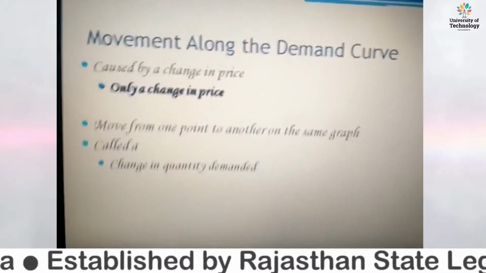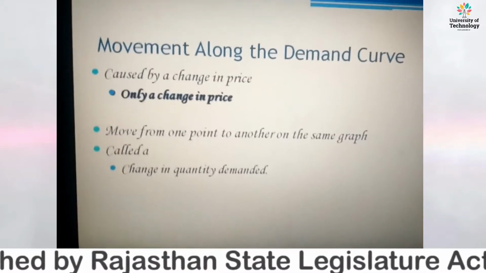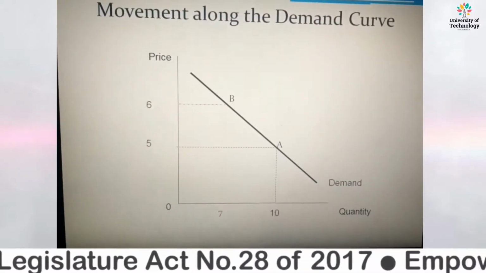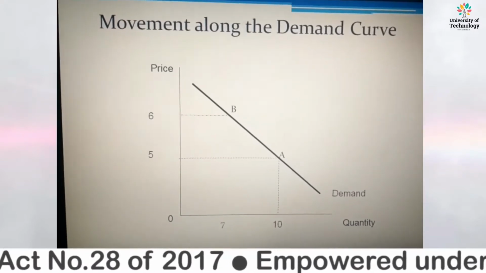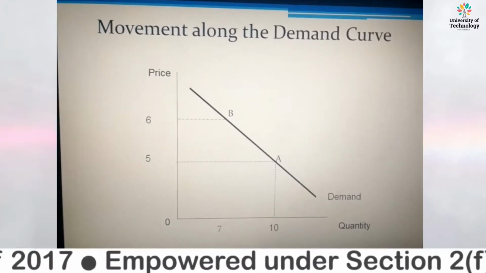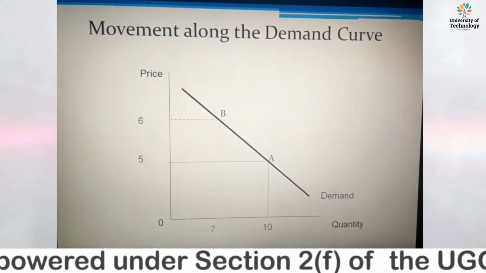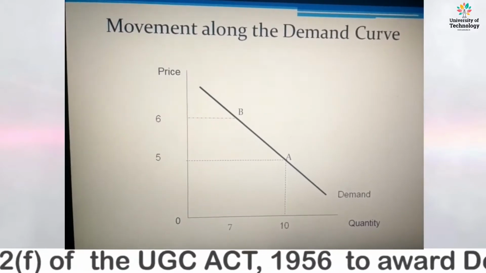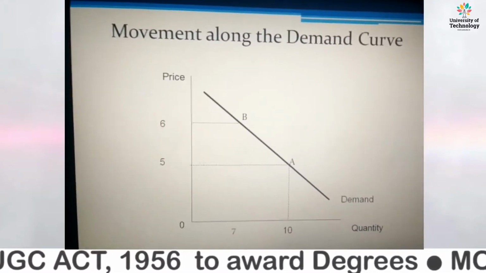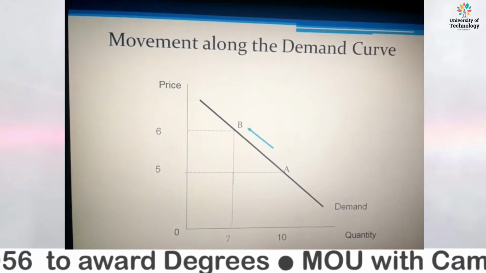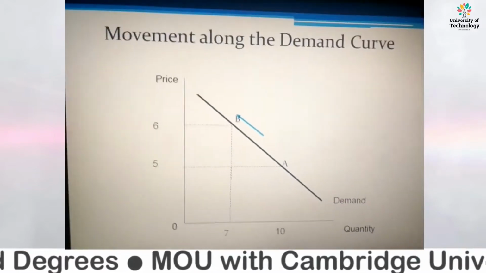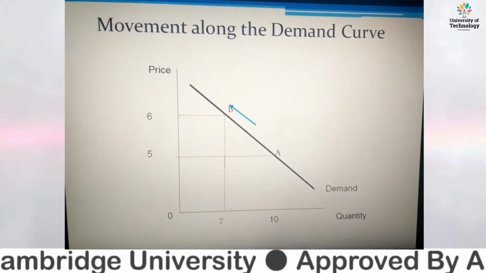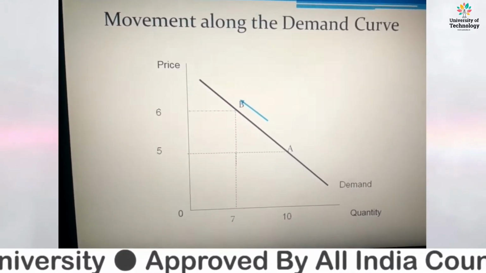It moves from one point to another on the same graph. Fine. Now, how is it presented as a movement along the demand curve? Here the graph shows that if the price of a particular good goes from 6 rupees to 5 rupees, the quantity demanded of that good increases. The quantity demanded at 5 rupees is 10.